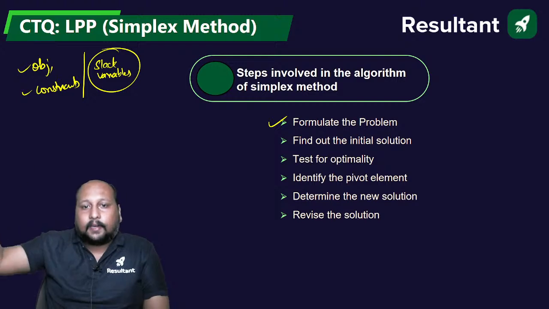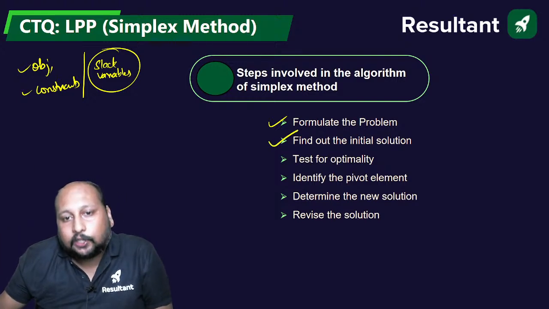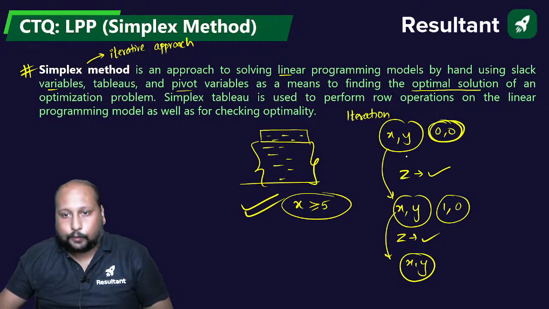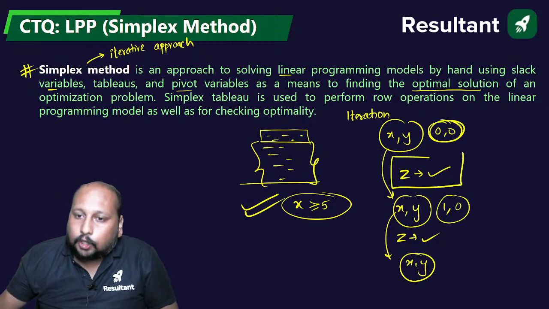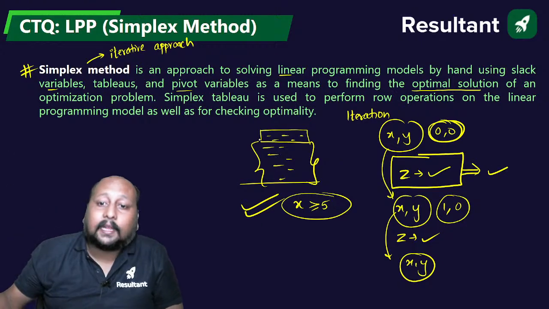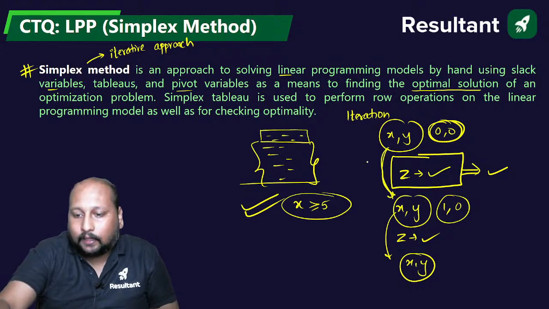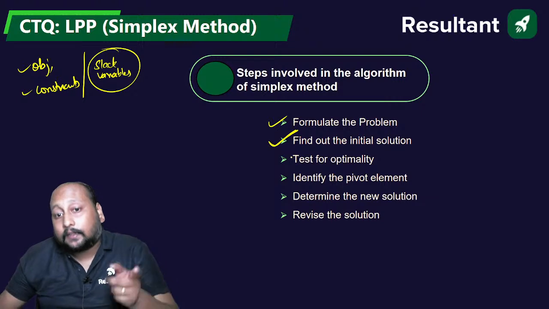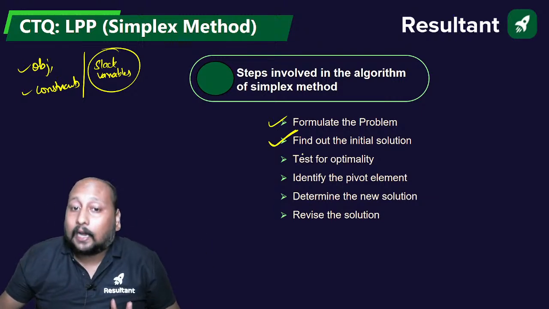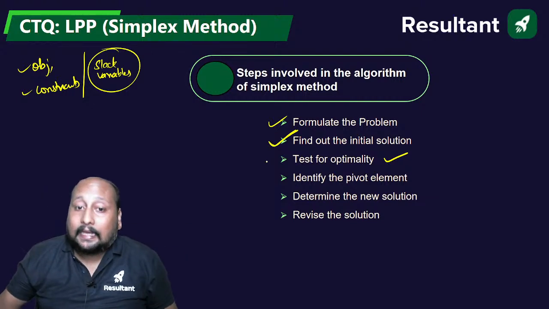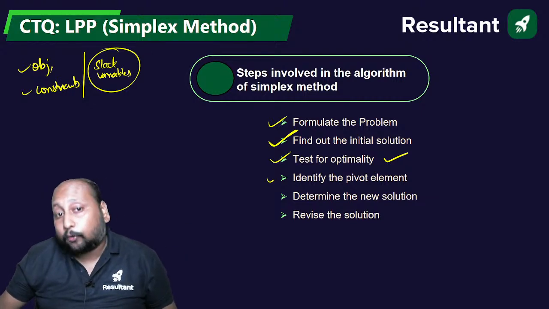So once you are formulating, then we try to find out the initial solution. जैसे in the previous case, I am taking x equal to 0, y equal to 0. So we check whether the solution is optimal. अगर optimal है तो यहीं आपका iteration stop हो जाएगा, and the final result is this one. अगर optimal नहीं है, then we try to take the next set of values. So same thing we have written over here. Find out the initial solution, then we check whether the solution is optimal or not. अगर optimal है, problem solved, stop the iteration. अगर optimal नहीं है, then we try to identify the pivotal element.